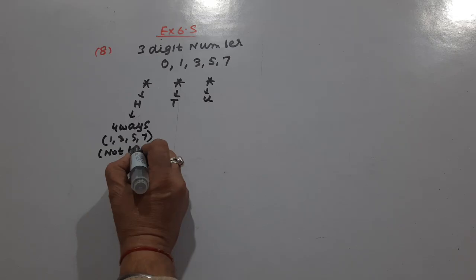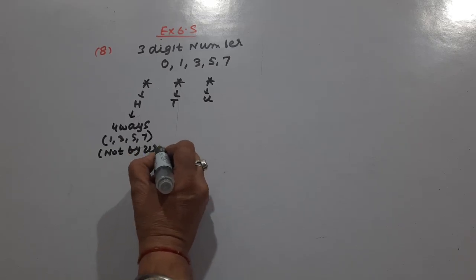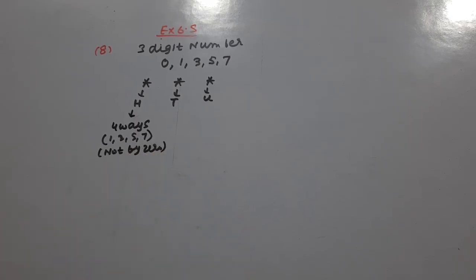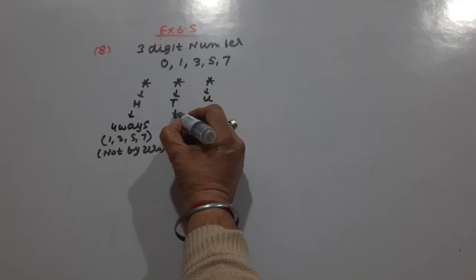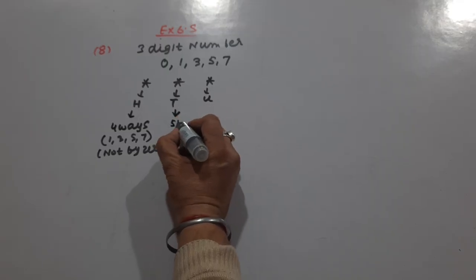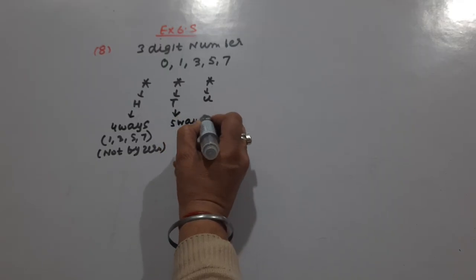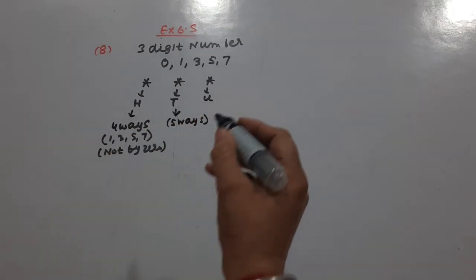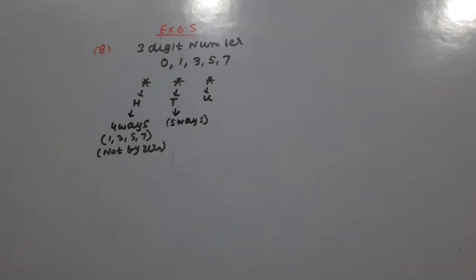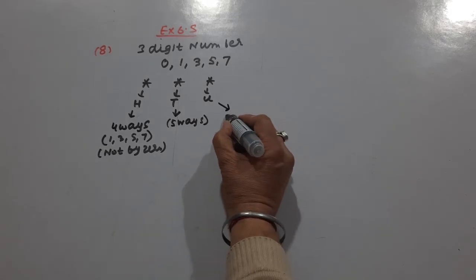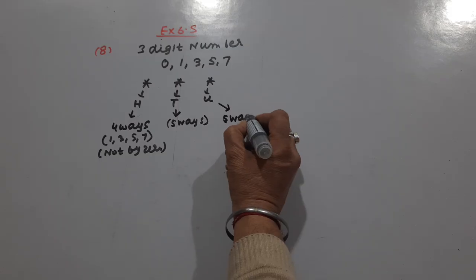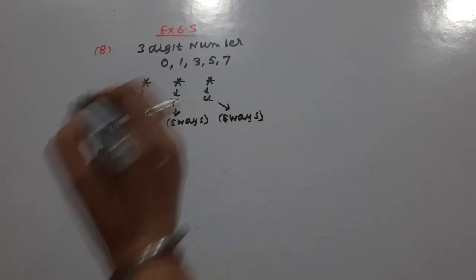And 10th place can be filled up in 5 ways because repetition is allowed, by any one of the digits 0, 1, 3, 5, 7, and unit place can be filled up in 5 ways by any one of the digits 0, 1, 3, 5, 7.